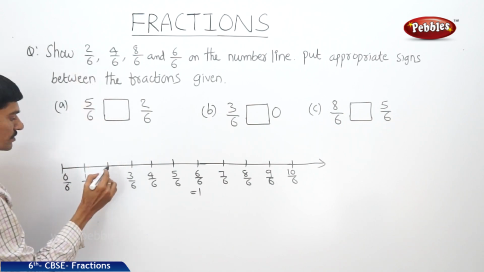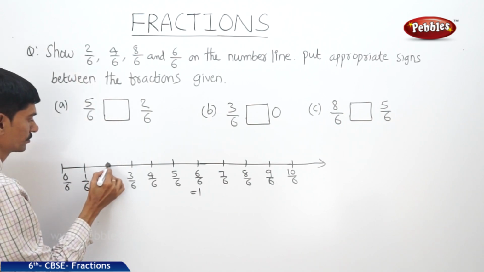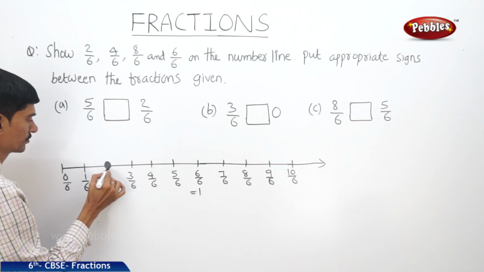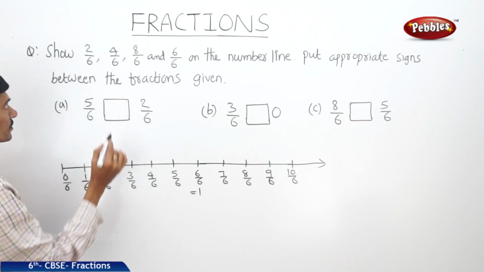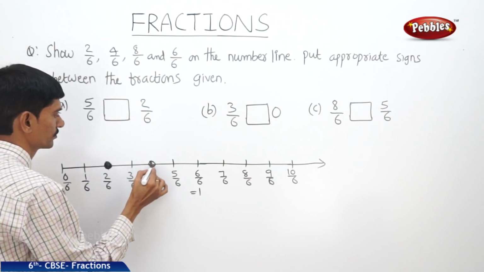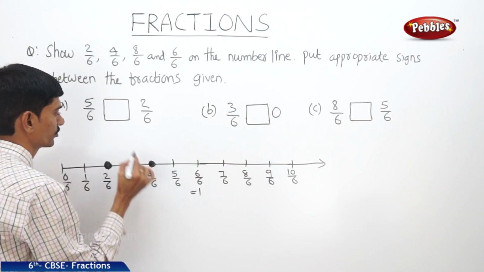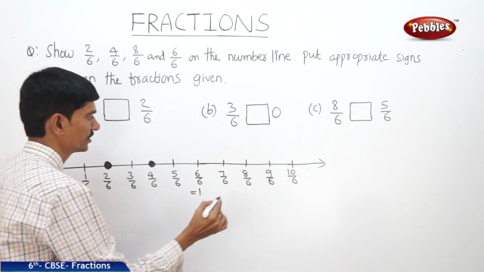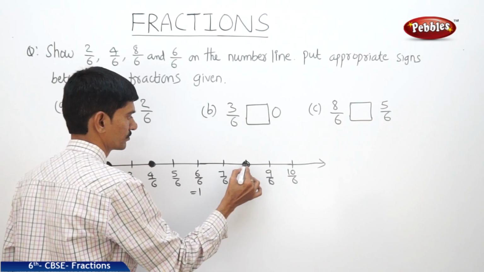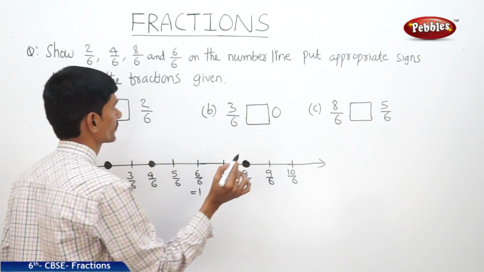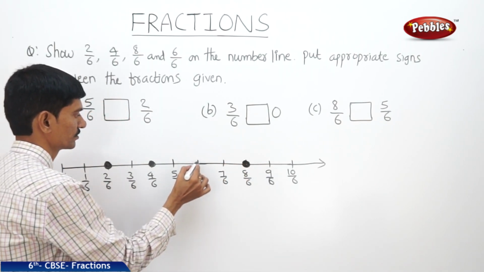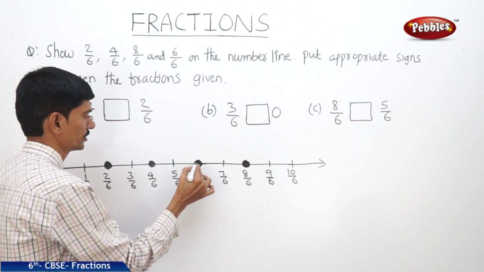Then 2 by 6, this is 2 by 6. Then 4 by 6, now it is 4 by 6. Then 8 by 6, then 6 by 6, so it is 6 by 6.